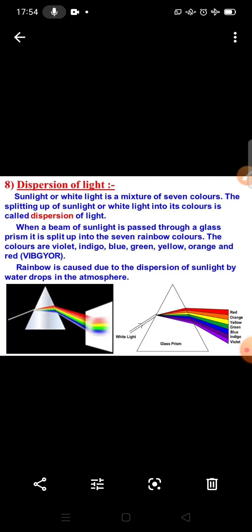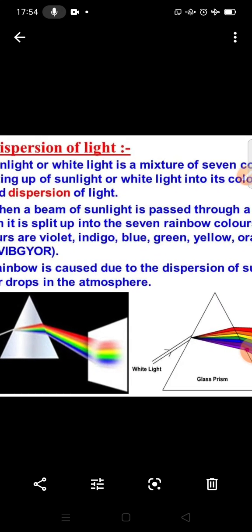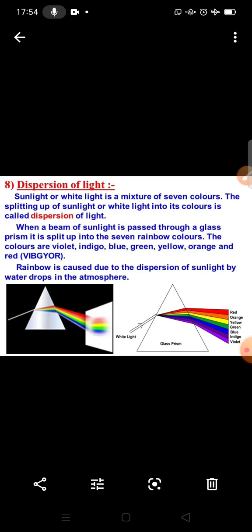Students, listen carefully. When a beam of sunlight is passed through a glass prism, it splits, or breaks down, into the seven rainbow colors. The colors are violet, indigo, blue, green, yellow, orange and red. So the rainbow is caused due to the dispersion of sunlight by water drops in the atmosphere. This is called the dispersion of light.